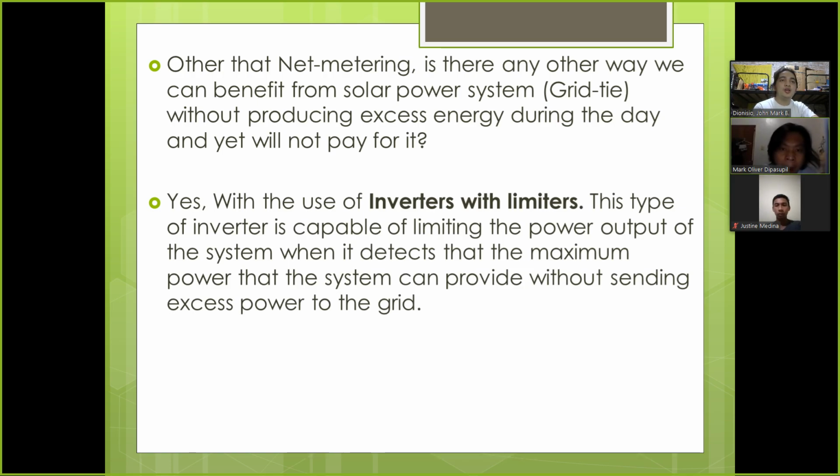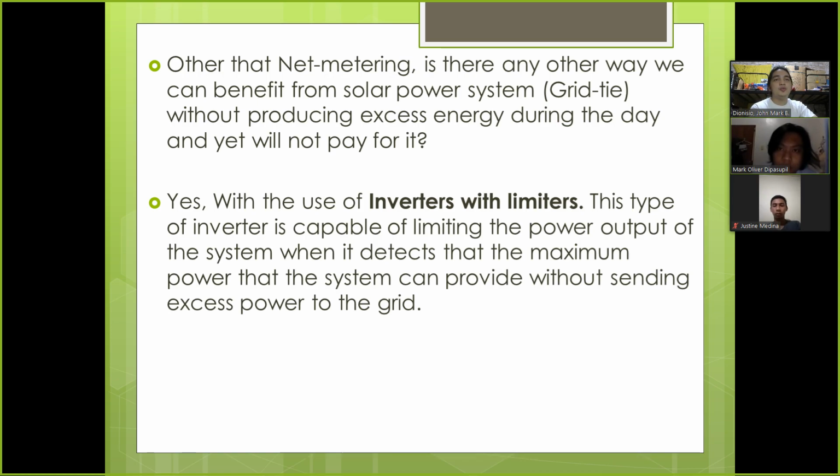So, tulad ng mention ko last time, itong power inverters with limiters, alam niya kung ilan lang yung power na ginagamit mo. Yung excess, napupunta sa grid mo, yun yung dumadagdag sa bill mo pag hindi ka naka-net metered o submeter. Yung inverter, siya yung nag-li-limit. Basically, i-disable niya yung excess.